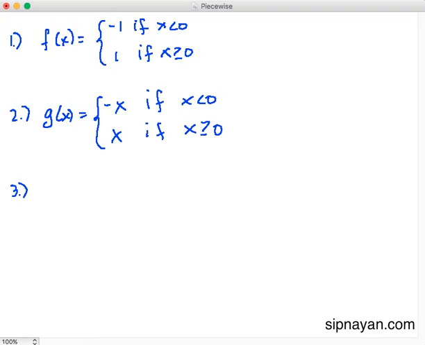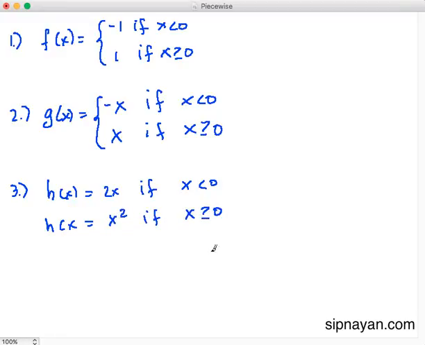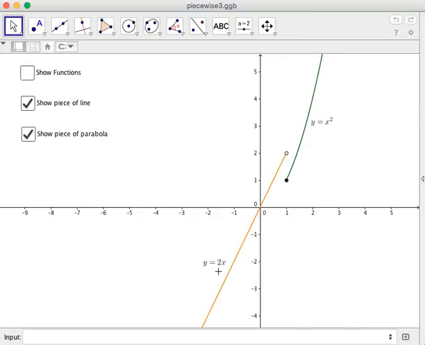So, h of x is equal to 2x if x is less than 0. Tapos, h of x is equal to x squared if x is greater than or equal to 0. Okay? I think malinaw na yan, no? 2x, x squared.